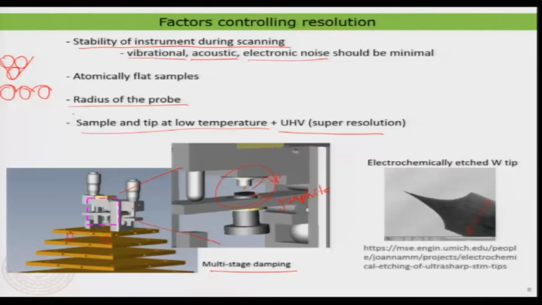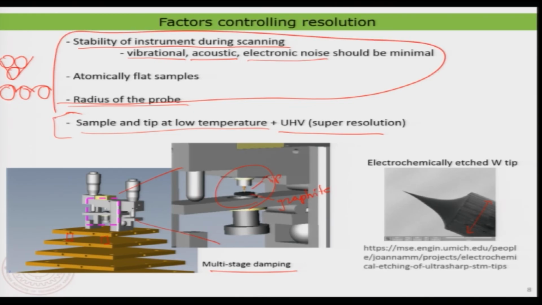We will look at a few images to understand this in greater detail. This is an additional requirement, not the most important one. The most important are the stability, the atomically flat surfaces, and the radius of the probe.